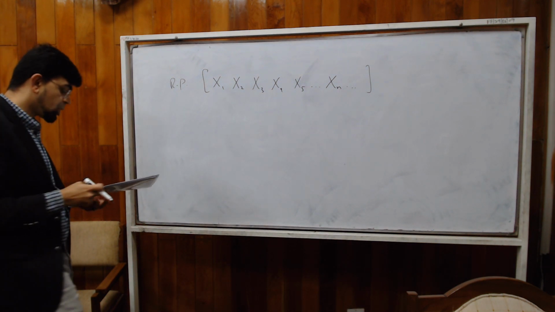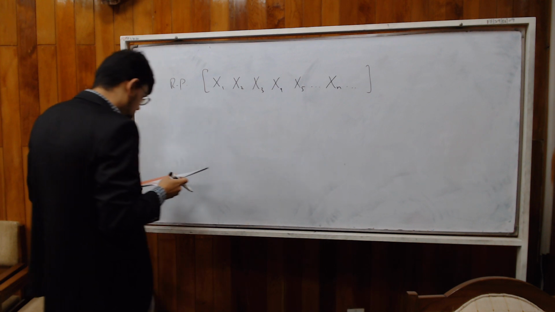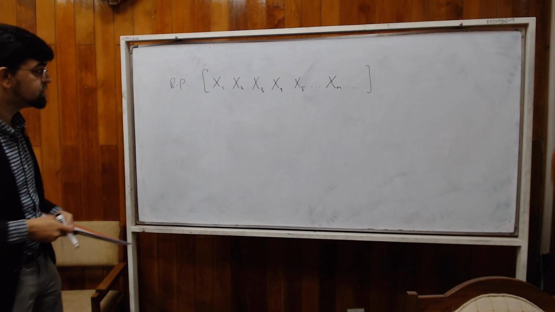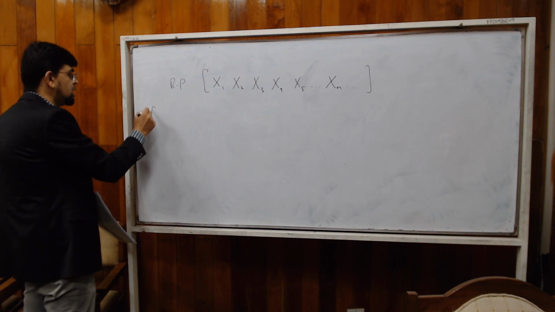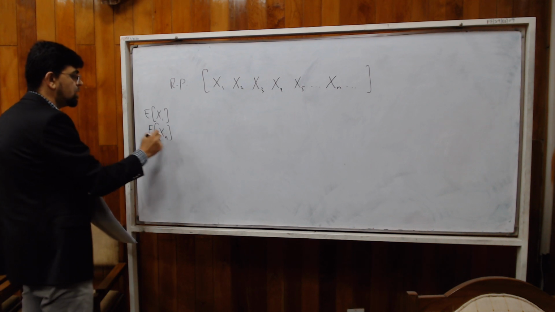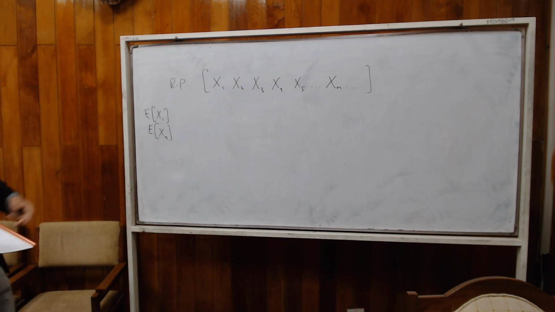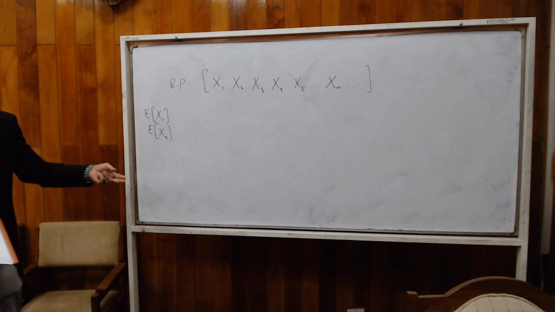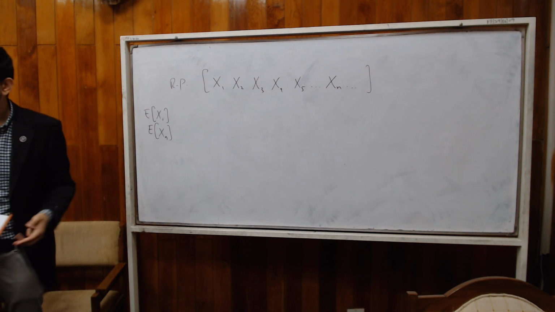Now, each of these random variables can have a mean. We simply write that as E[X1] or E[Xn], and if we haven't put any other restriction, there is no requirement for the means to be the same. We haven't put that restriction.